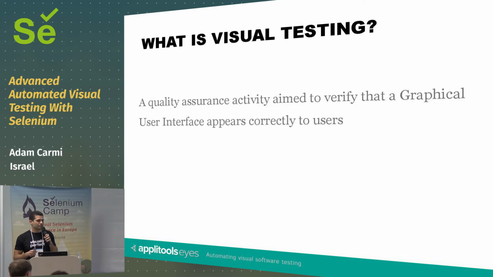We want to make sure that each UI element appears in the right color, shape, position, and size, and that it doesn't overlap or hide any other UI element. This type of testing has become increasingly difficult to perform in recent years, mainly because of the explosion in the amount of devices, browsers, screen resolutions, and operating systems that applications are expected to run on.